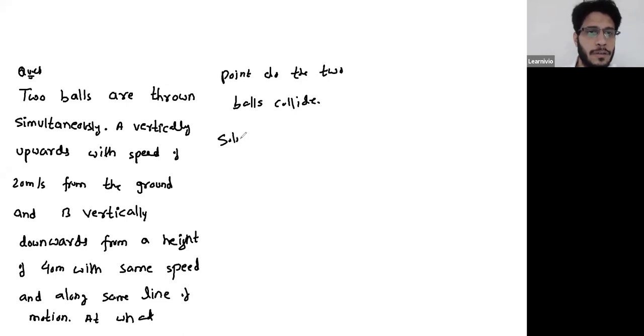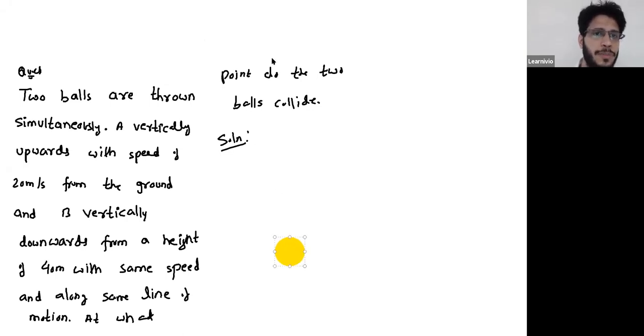Okay. So there are two balls. A ball A is thrown vertically upwards. This is ball A. It's thrown vertically upwards.